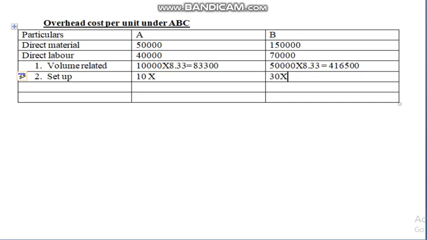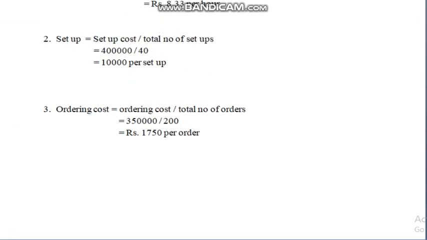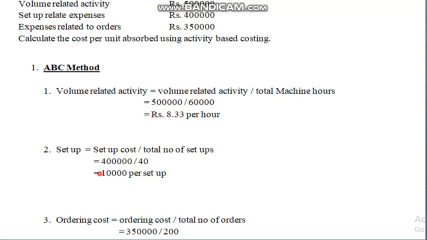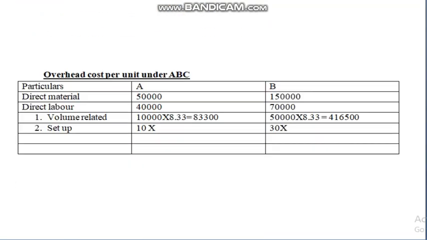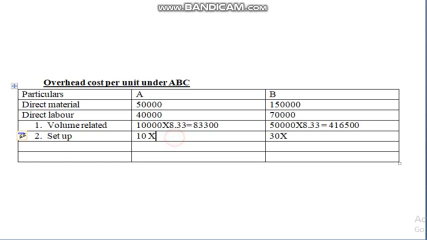The cost per setup, that we calculated in activity driver rates, is 10,000 per setup. So product A will be 10 multiplied by 10,000, that is 1 lakh. And for product B, 30 multiplied by 10,000, so 3 lakh rupees. So setup related cost is over.